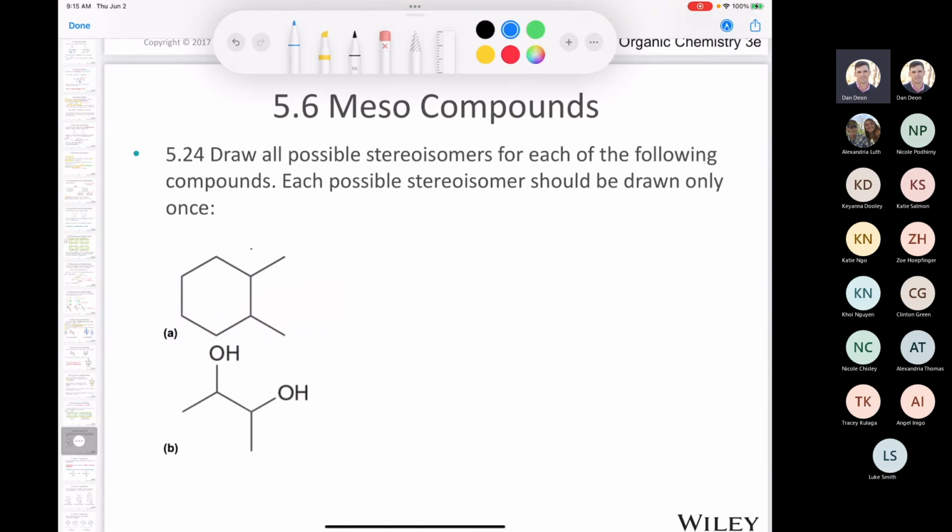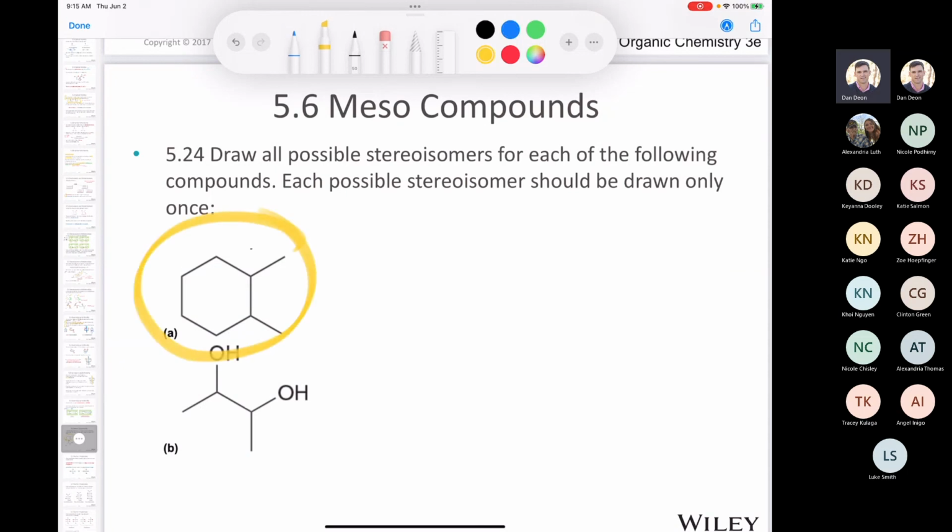It says draw all of the possible stereoisomers that you could have for these compounds, and every stereoisomer should only be drawn once. So what I want you to do, we're going to take a short break, and I want you to try to draw all the possible stereoisomers of this compound, all the possible stereoisomers of this compound, and see if you can identify if there are any meso compounds. There could be, maybe not, but since it's in this section, there probably will be. But that's what I would like you to try.